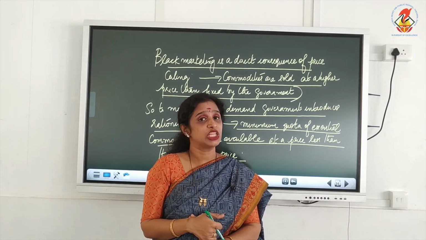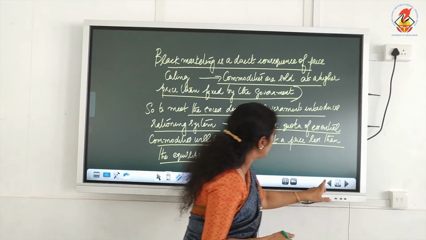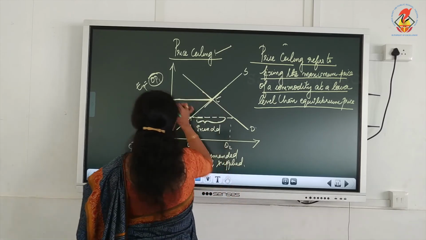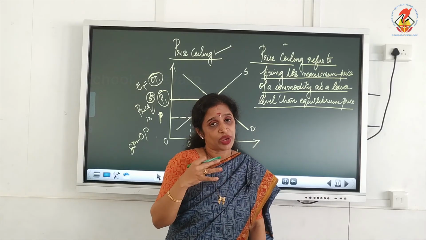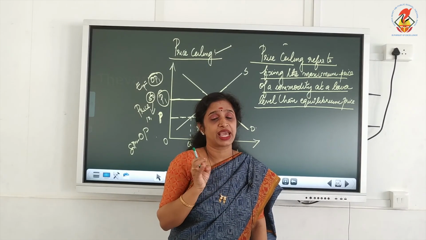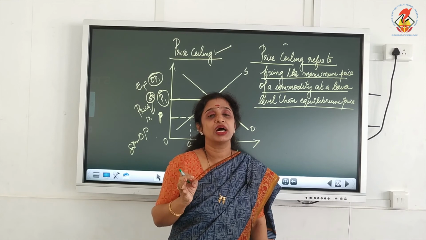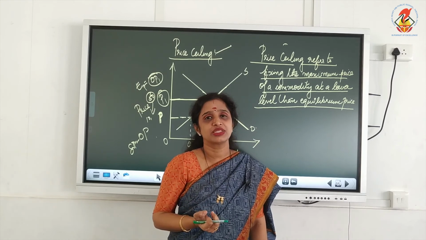The equilibrium price which was fixed was OP1, say 50 rupees, which was not at all possible for the poor people to buy. Therefore, the government has fixed a price of 10 or 20 accordingly, so that the poor consumers can also buy it. So, when the government fixes that price, the excess demand is met by the rationing system.